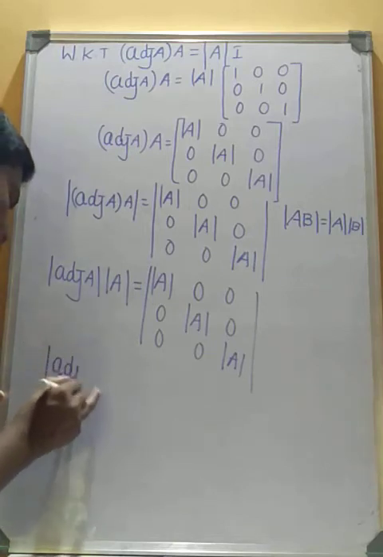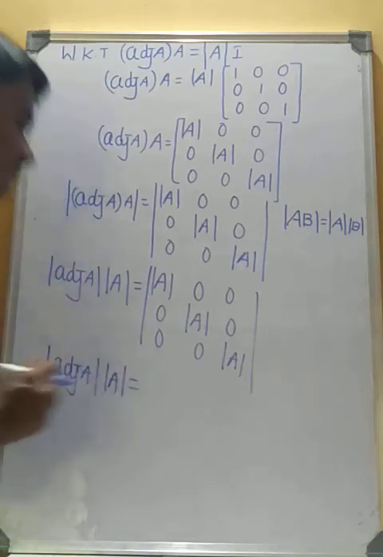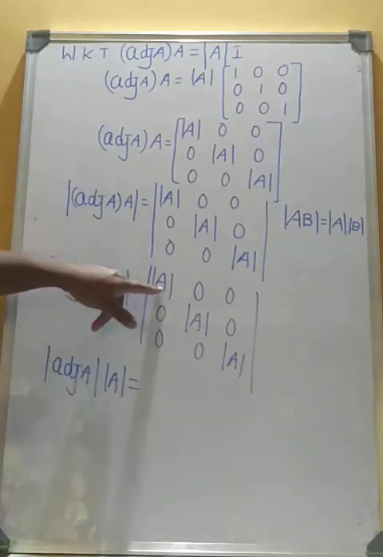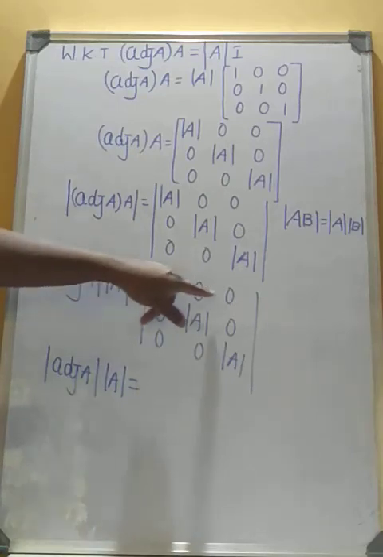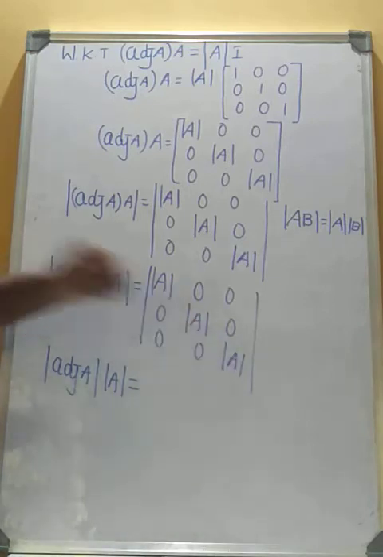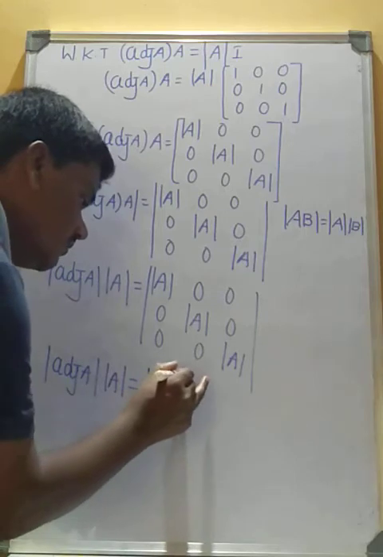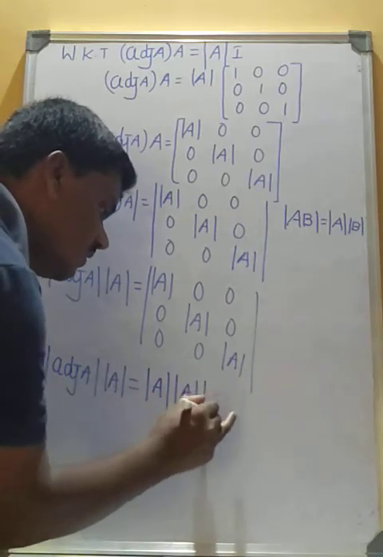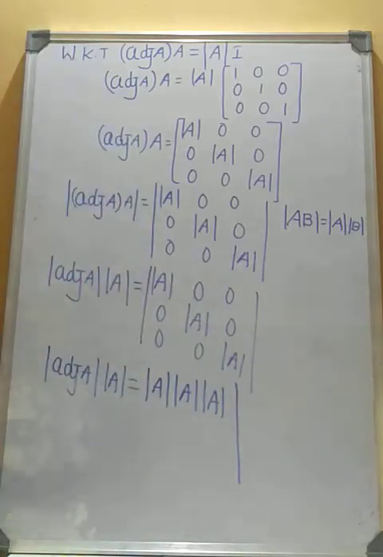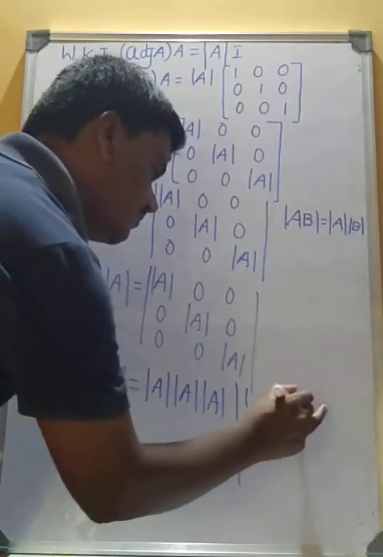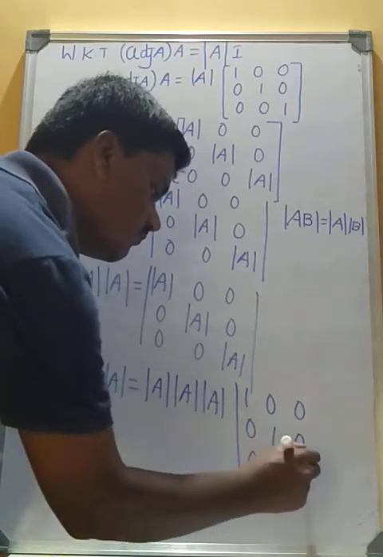So therefore determinant of adjoint A into determinant of A equals, taking determinant of A common from R1, R2 and R3, that is determinant of A into determinant of A into determinant of A is equal to determinant of 1 0 0, 0 1 0, 0 0 1.